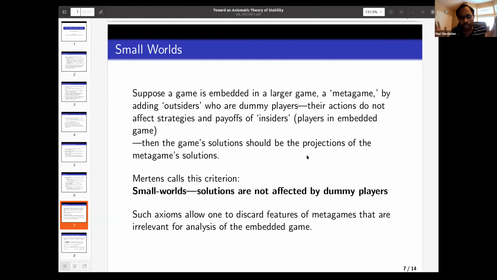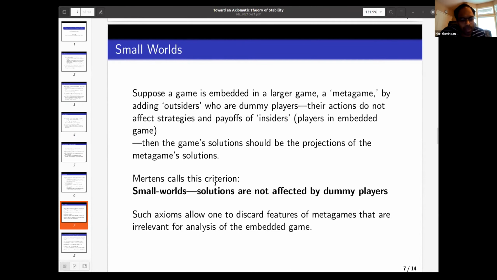They're not dummy players in the sense of not having any strategies or having payoff irrelevant actions. They're dummy players vis-a-vis the insiders, and I have a formal definition in a minute. If that's the case, then the solution of the original game should be solutions of the larger game.